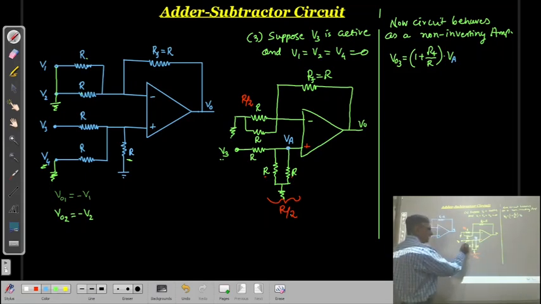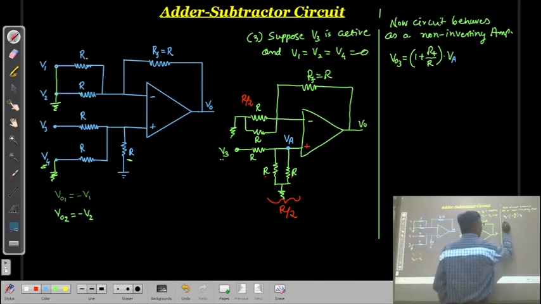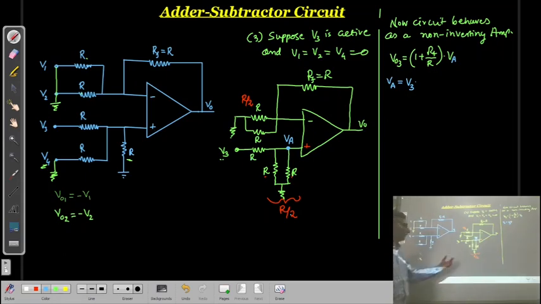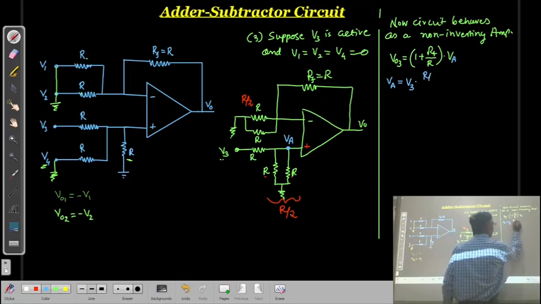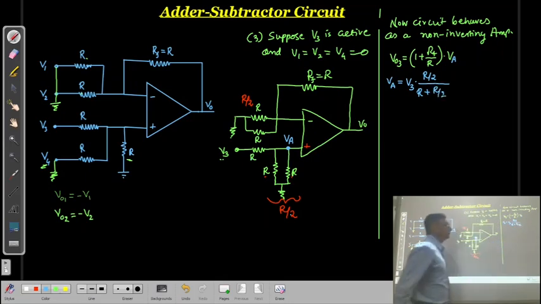This resistance is R. So we can say that VA is equal to my total input voltage, that is V3 into, now you are taking the voltage across this parallel combination, so that parallel combination R by 2 divided by the total resistance, that is R plus R by 2. So here you can apply the potential divider rule and calculate the voltage VA.